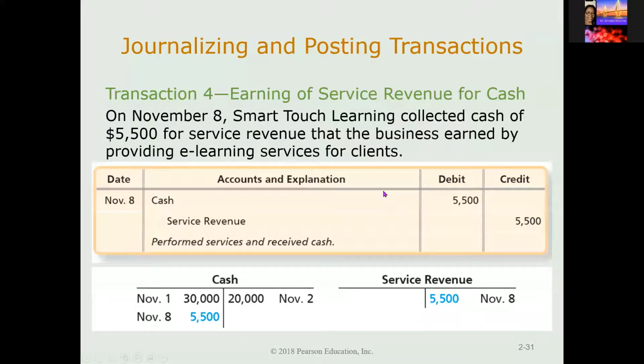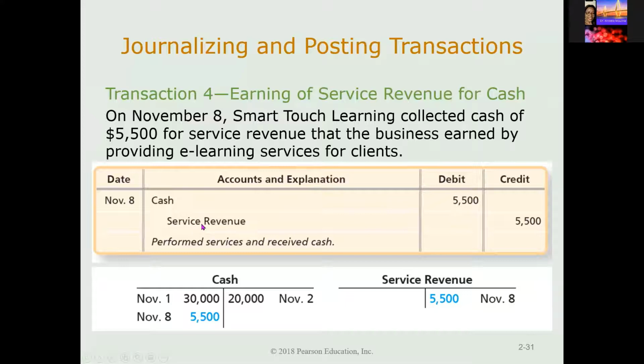In transaction 4 here, on November 8th, Smart Touch Learning collected cash of $5,500 for service revenue that the business earned by providing e-learning services for clients. So here in this transaction, the company collects $5,500 cash. So cash is debited because it's increasing cash.